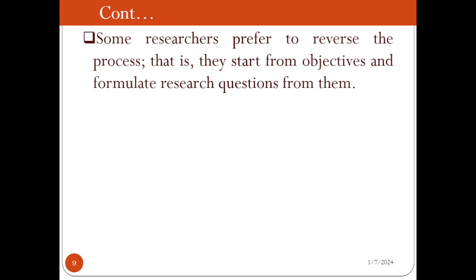It depends on the rules and regulations of your institution. Just follow or stick to the rules and regulations of your institution. So here the author says some researchers prefer to reverse the process. That is, they start from objectives and formulate research questions from them, right? But ours was quite vice versa. We formulated our research question and we derived our objectives from research questions.